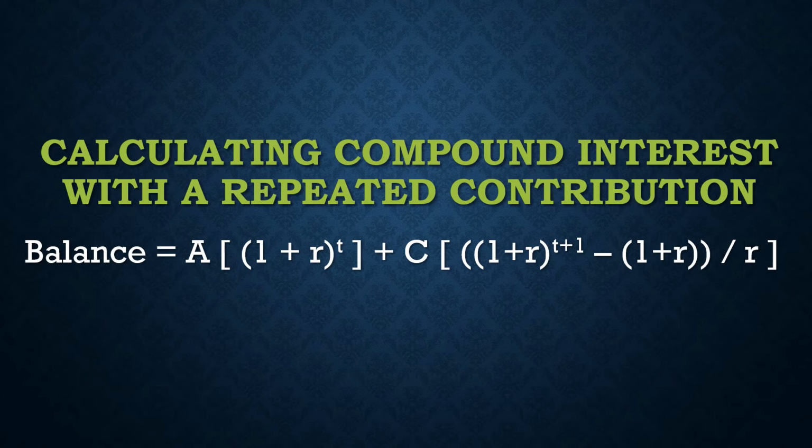So if we have $100, we can put that in for our A here. And if we knew the interest rate, say it was given to us as 0.08, and we knew the time period, let's say 7 years, we would plug that in for our t. And if the annual contribution was $50, we could just continue on and plug in for all of the other variables that we already know.